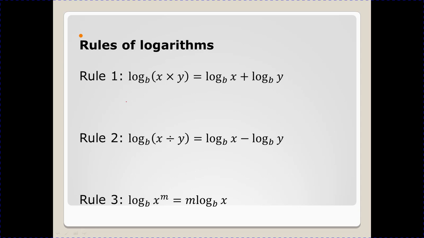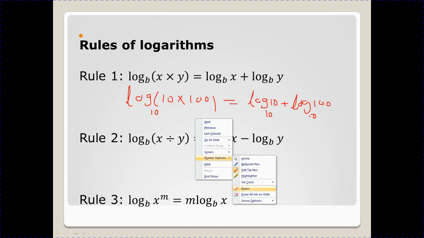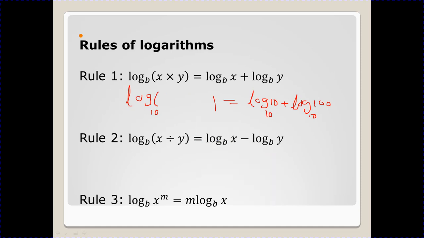If I say log of 10 multiplied by 100, based on this rule, it will be log 10 at the base of 10 plus log 100 at the base of 10. So if you use your calculator, you'll find that log of 10 times 100, you can write as 1000.